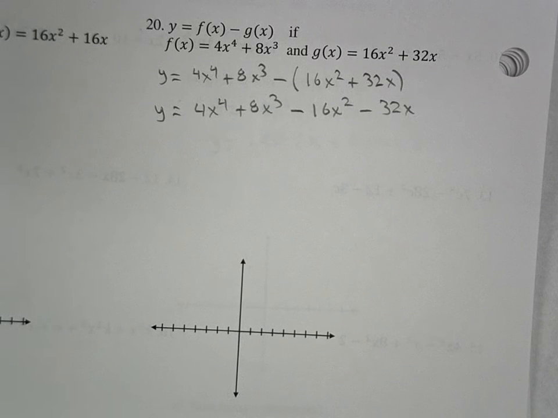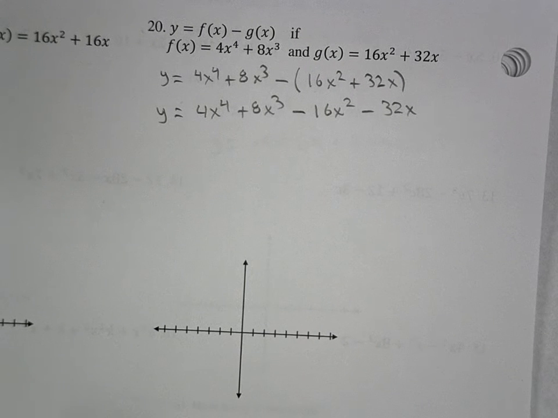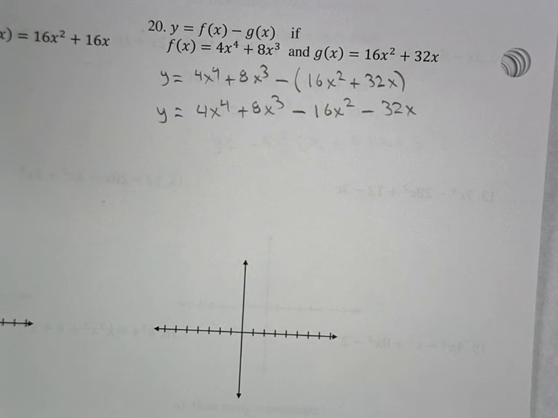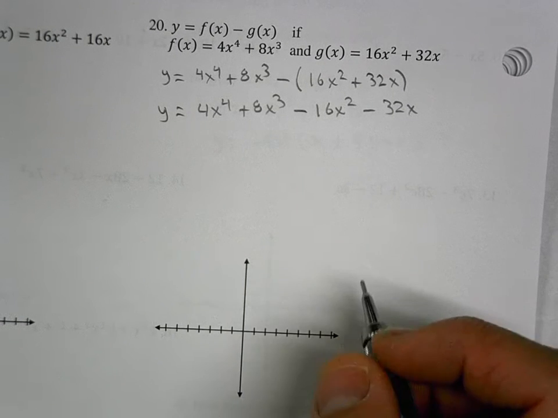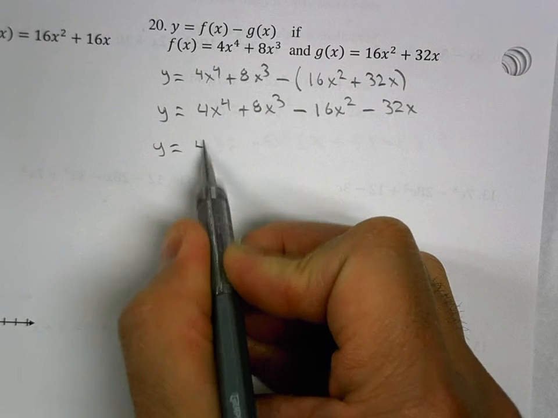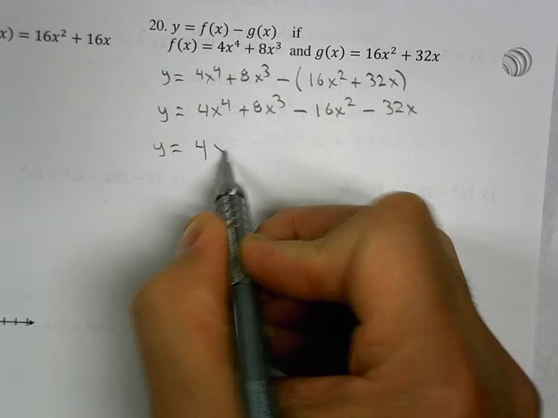Well, we want to graph it. I guess we know some things. I know it's fourth degree. It's probably going to be up and up, but I don't know where the x-intercepts are. So what do we need to do? We need to factor. So yes, definitely GCF. What can we take out? A 4, yes, a 4, and they all have an x.